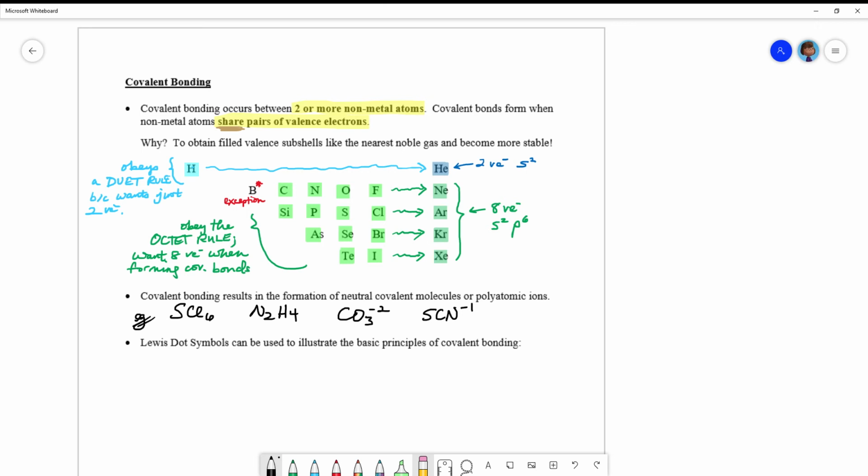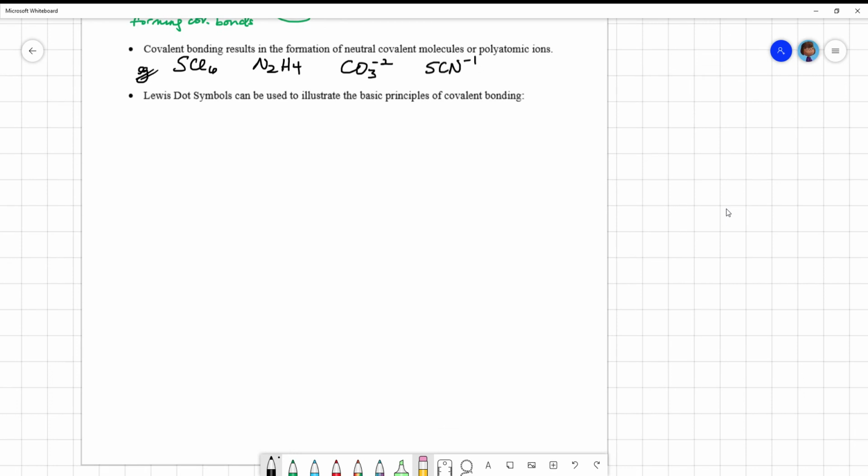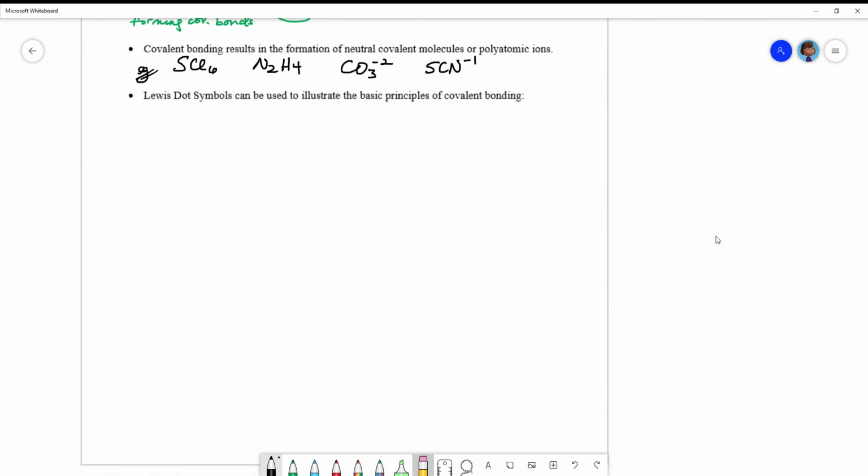What's holding the carbon atoms and the oxygen atoms together in carbonate? Oh, it's covalent bonding. The same thing is true of the sulfur, the carbon, and the nitrogen in thiocyanate. All nonmetals, what's holding them together? Covalent bonds.